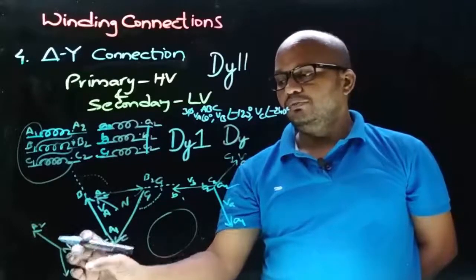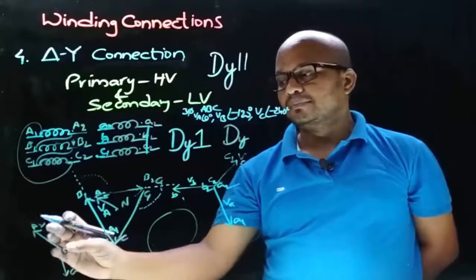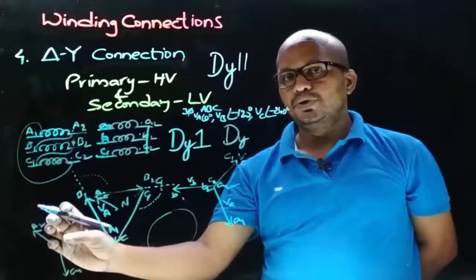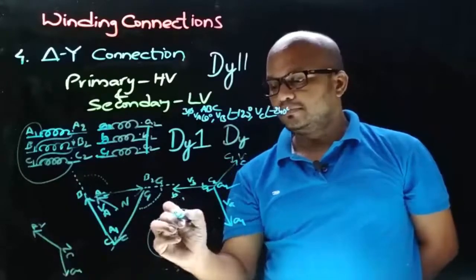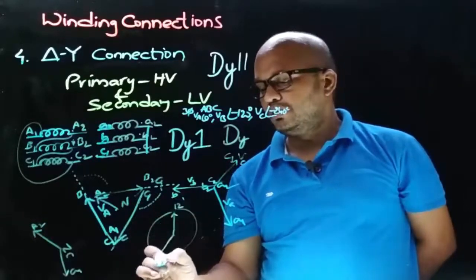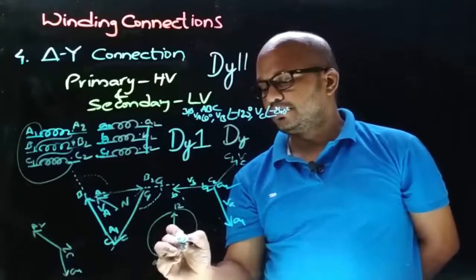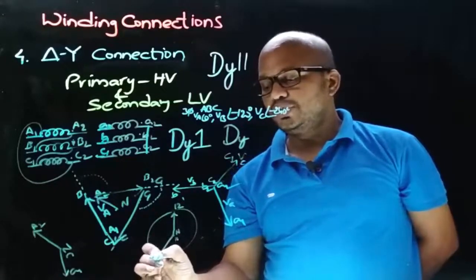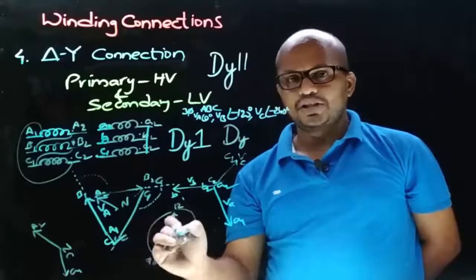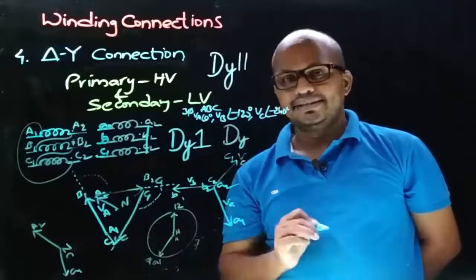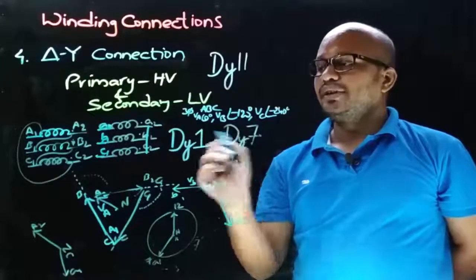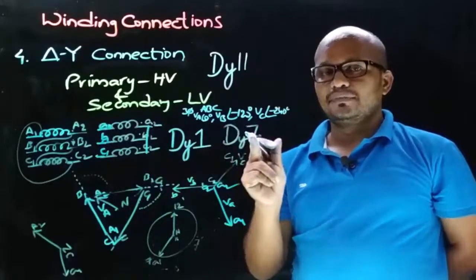Okay, now if you place this diagram such that the HV winding phase to neutral voltage points towards 12, then the diagram will look like this. The hour's needle is shown pointing towards 7, and this position represents 7 o'clock, which means the numerical value in the vector group symbol for this type of connection is 7.